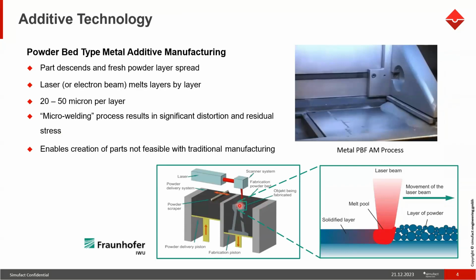If there is a huge distortion, let's say in the vertical direction, the laser will come and melt the part here, and solidification happens here, so there is a solid material there. If there is a lot of distortion in the vertical direction, the recoater will come and hit this part, which can cause something called recoater jam in the machine. And the part might fail because of the recoater coming and hitting the part actually.